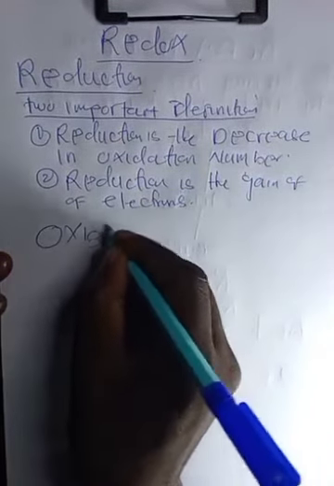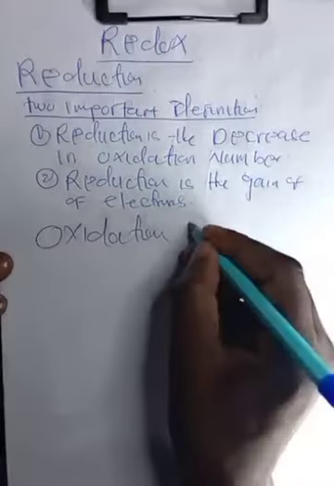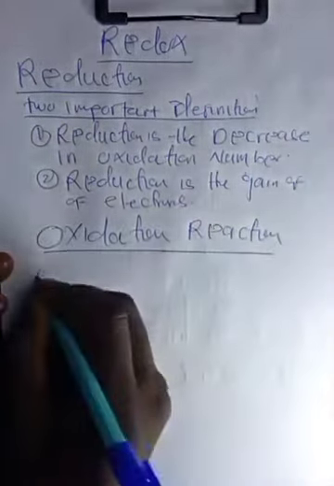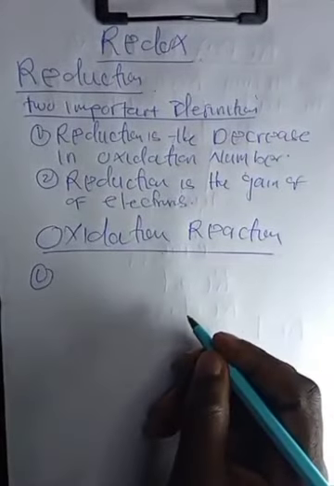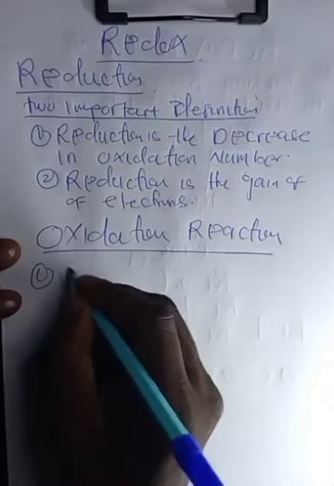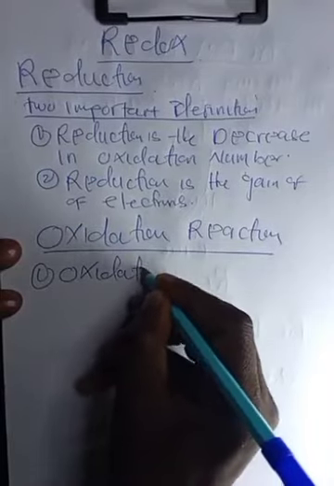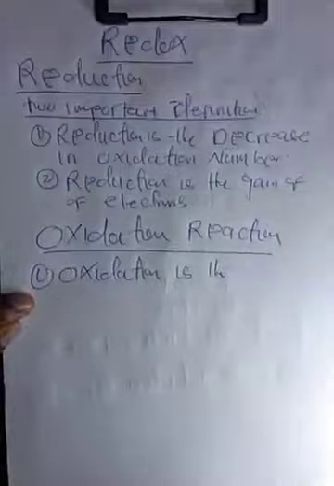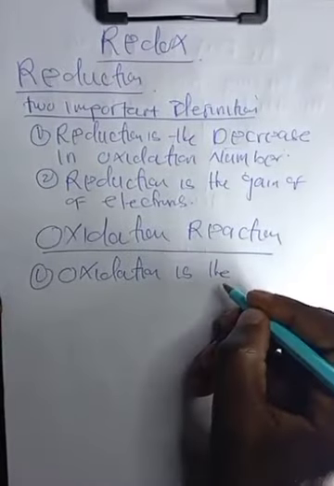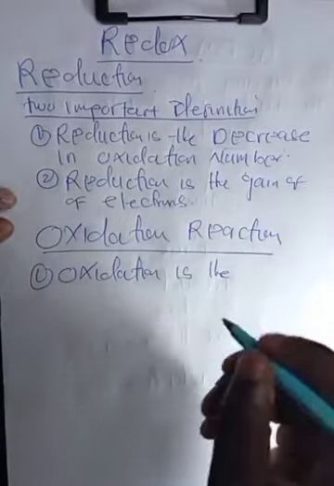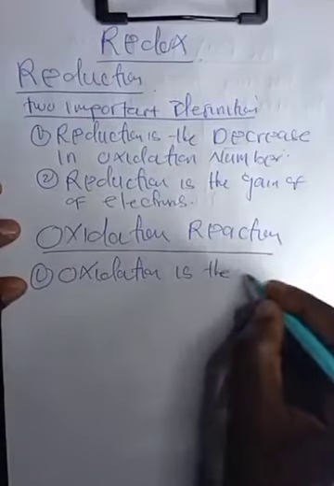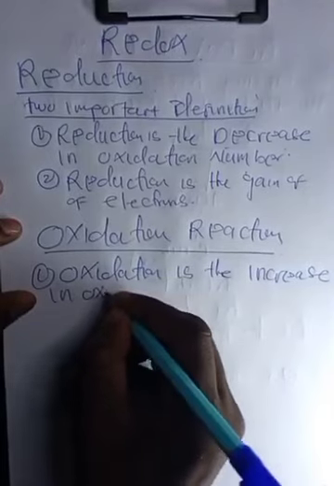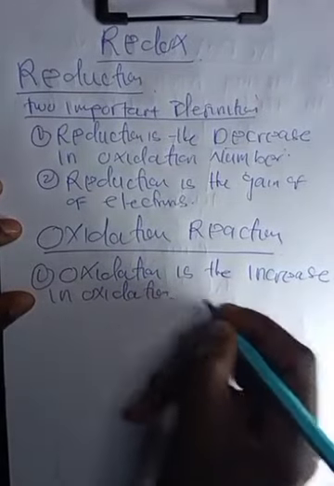So now we come to the other guy, oxidation reaction. The first 2 important definitions of oxidation are the opposite of the other 2 here. Oxidation is defined as the increase in oxidation number.